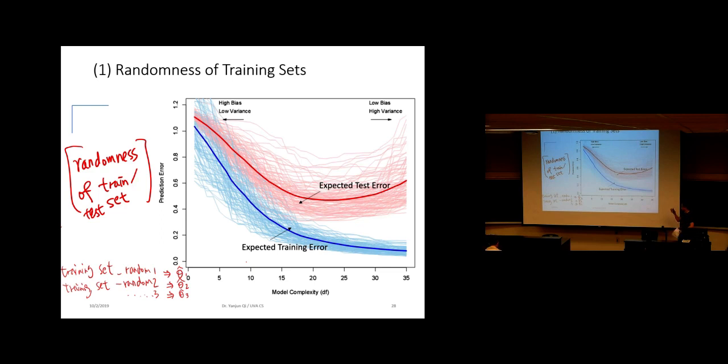When you change the training data, the first data gives me a training error plot, the second data another training error plot, the third another, and this blue curve shows the mean. In the test case, you can do the same thing. When you have a lot of different test data, the expected test error is the mean curve over all the different variations of test cases.